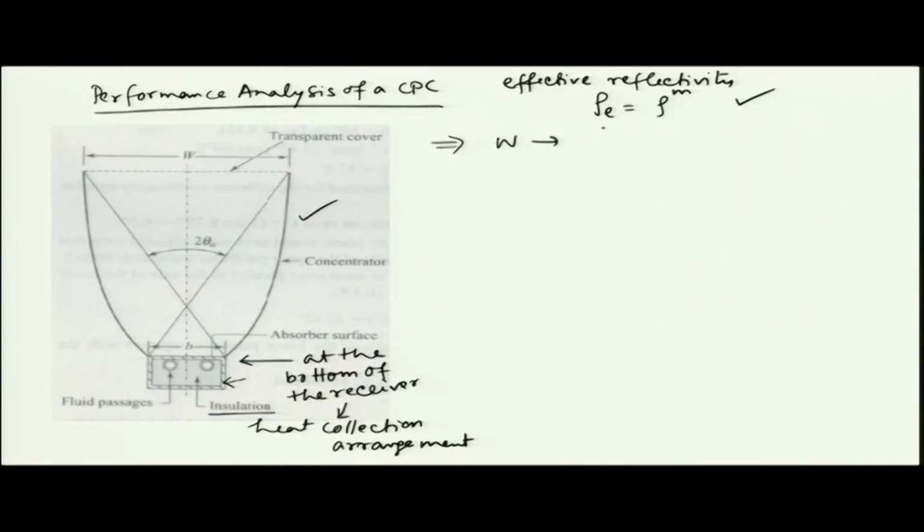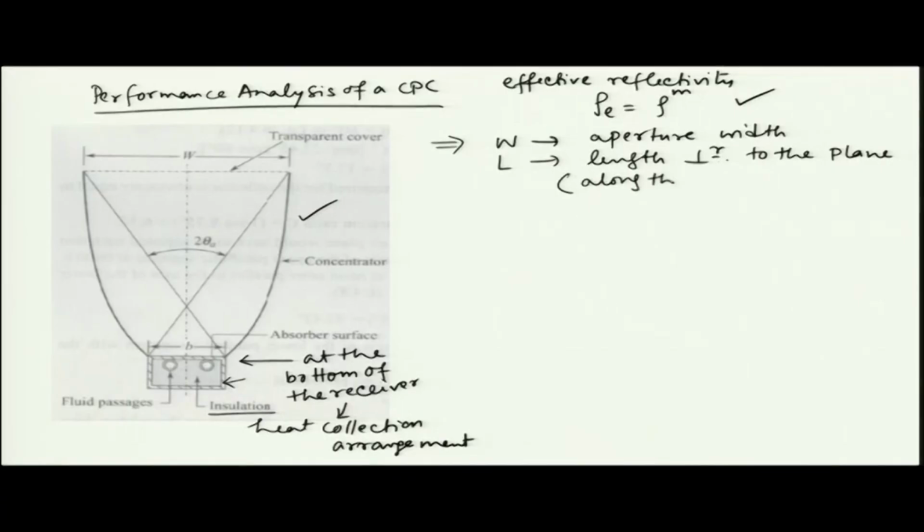So, W you have already looked at, it is the aperture width, L is the length perpendicular to the plane, or you can say length along the fluid flow direction, right, and 2 theta a is our acceptance angle, okay.